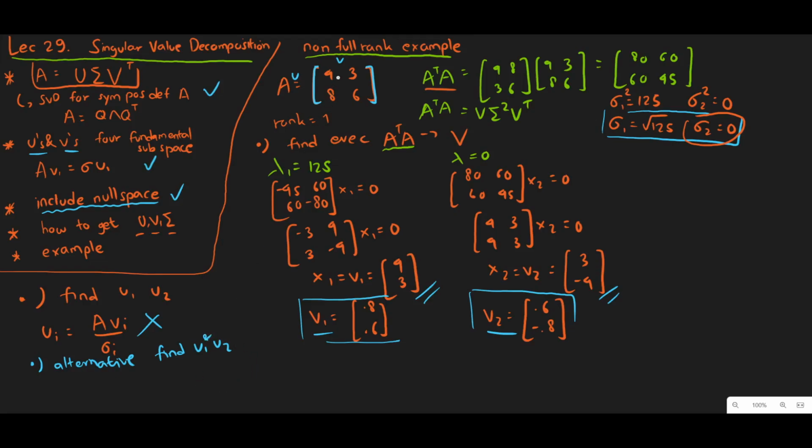Okay, we only have rank 1, so we only have one dimension in our column and in our row. So in terms of our column, we have this 4, 8.